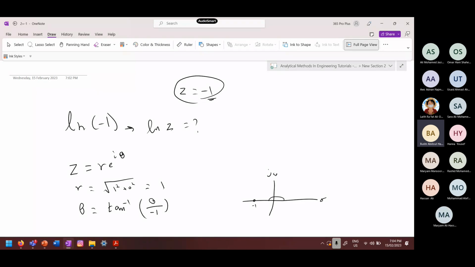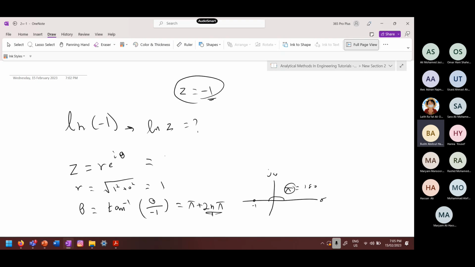And you will measure the angle, which is pi or 180, but you will go with radians, which is pi. So theta is equal to pi plus 2n pi. 2n pi is just a counter for you to count the revolutions. So maybe you want to count pi after 3 revolutions, you just substitute n with 3 and you'll get the number. Okay, so now just substitute these values back here.